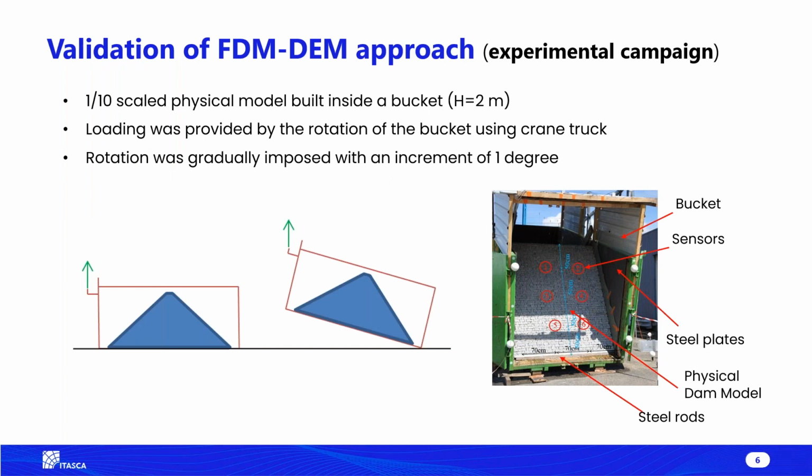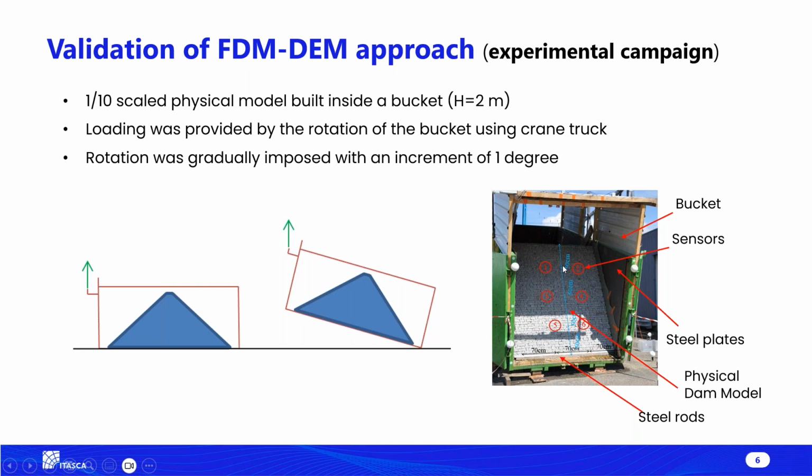To start with the validation of this approach, I will repeat some of the slides that I presented in the last webinar. First of all, to validate this approach, we needed experimental data. We had an experimental campaign which was done on 1/10 scaled-down physical models.